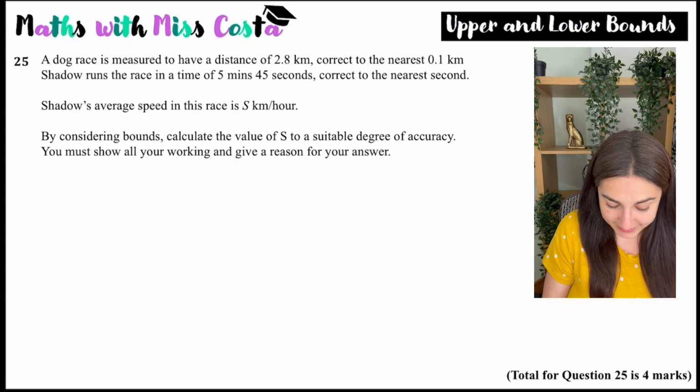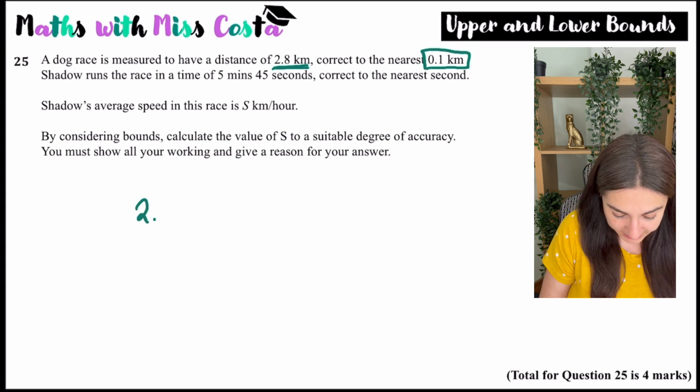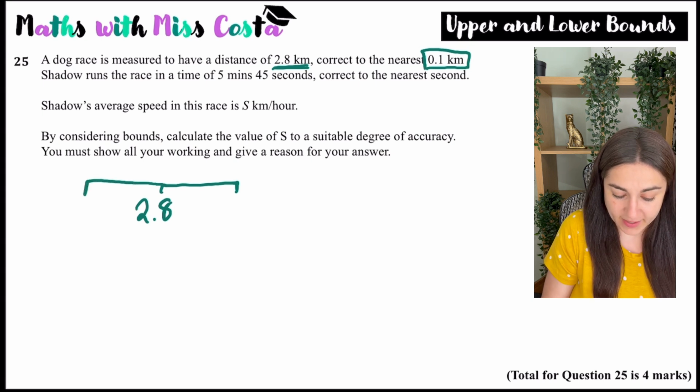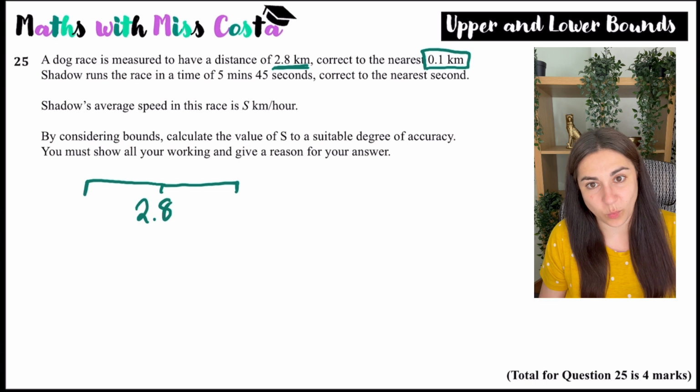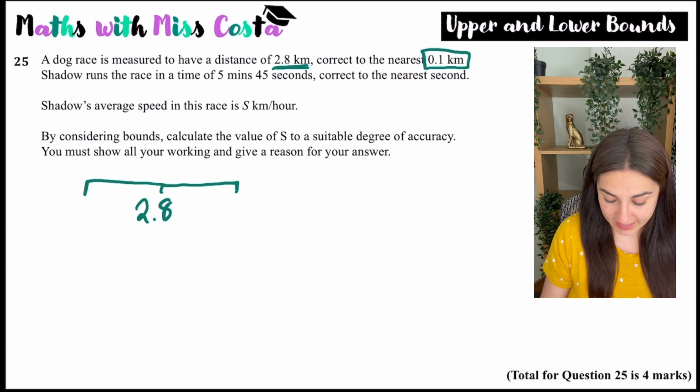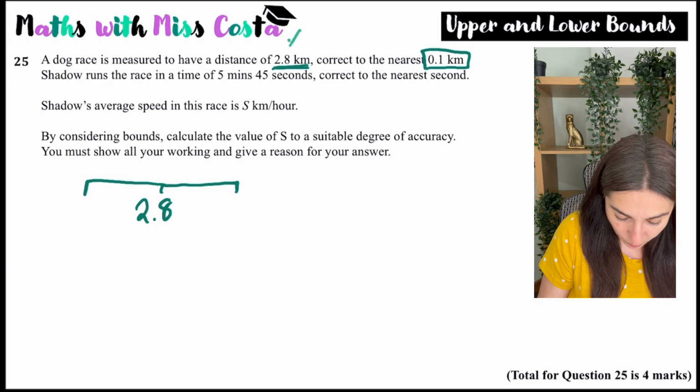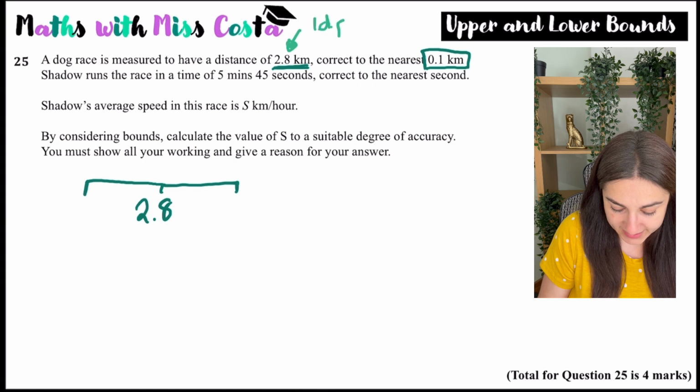A dog race is measured to have a distance of 2.8 kilometers, correct to the nearest 0.1 kilometers. Okay, so it's 2.8 kilometers, correct to the nearest 0.1 kilometers. So all we do is we say, okay, what is the 0.1 kilometers surrounding 2.8, i.e. to 0.1 kilometers, in this case, it's one decimal place.